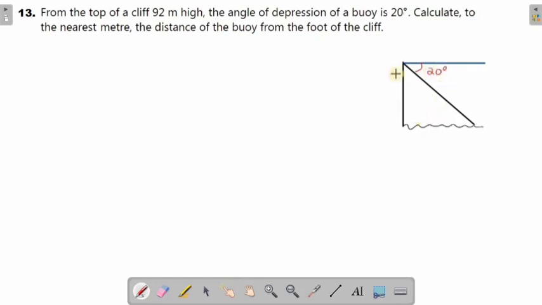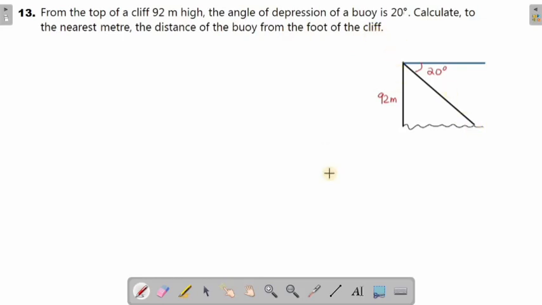And one more thing is given, that is the height of the cliff is given to be 92 meter. Now you need to calculate to the nearest meter the distance of the buoy from the cliff. Distance of the buoy, that is this one, from the cliff.